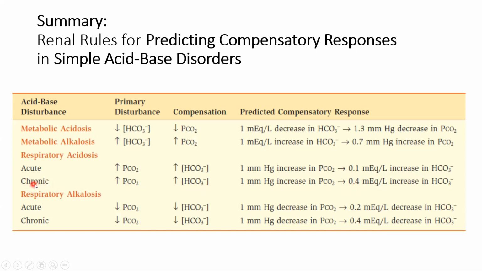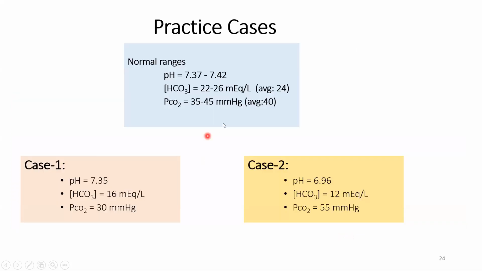This is respiratory acidosis of the chronic variety. Similarly for respiratory alkalosis, acute and chronic, just look at these values and you are good to go. Remember, in acute, you get by with a smaller value of correction, while in chronic, you need a bit more.